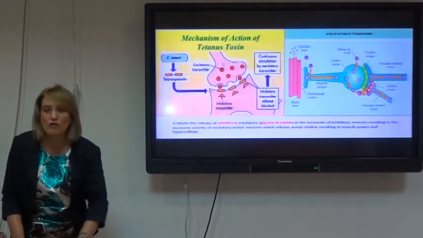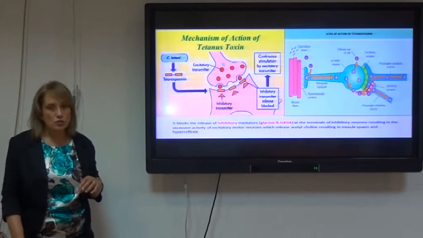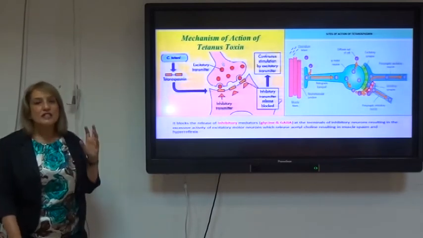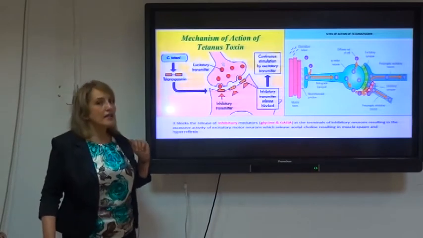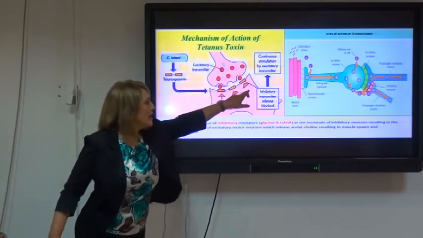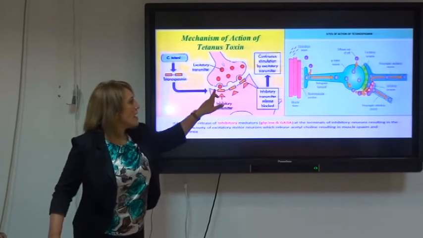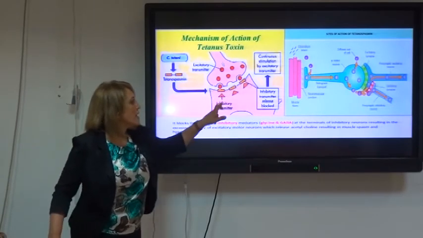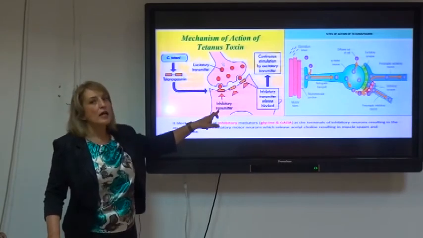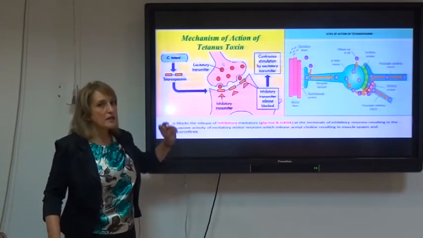What is the mechanism of action of the tetanus toxin, or tetanospasmin? Once it reaches the ganglioside receptors, it has high affinity for the inhibitory neurons, where it binds and blocks the release of the inhibitory transmitters from the inhibitory neurons. What are these inhibitory transmitters?